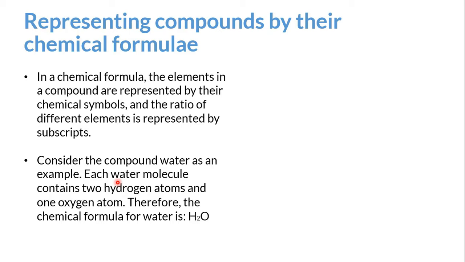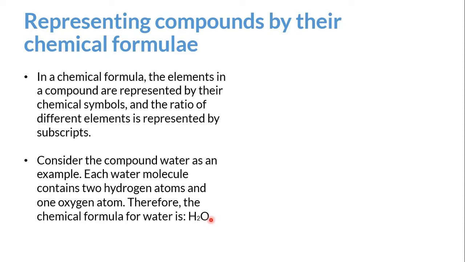We are saying that we are representing the compound with the symbols of the elements and then the subscript of the ratio of the elements. So water, H2O, basically means that we have two hydrogen atoms and one oxygen atom.